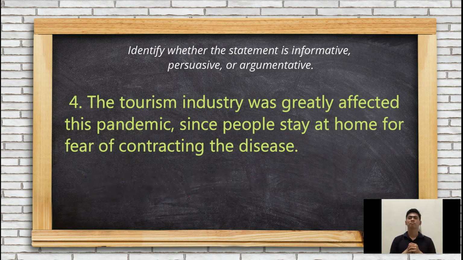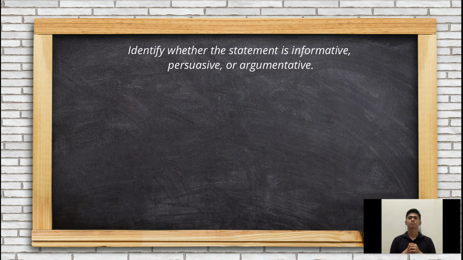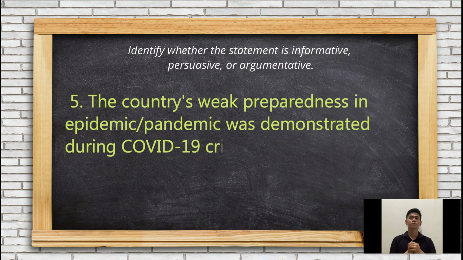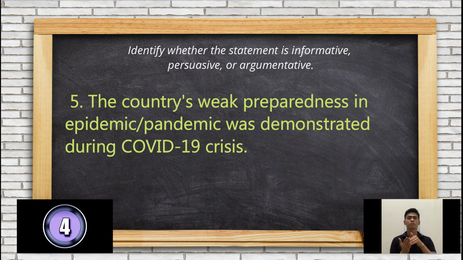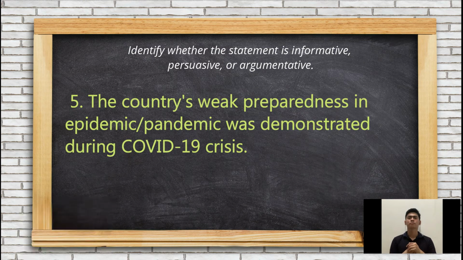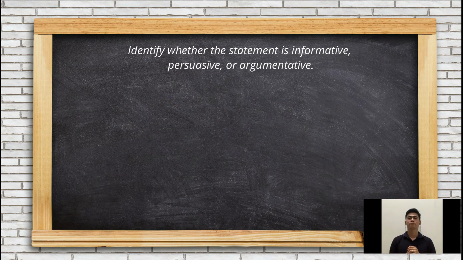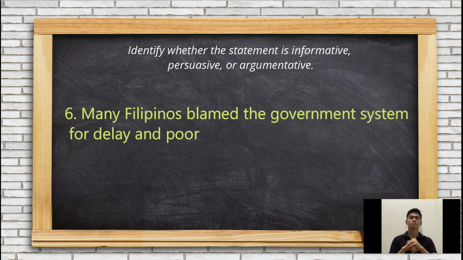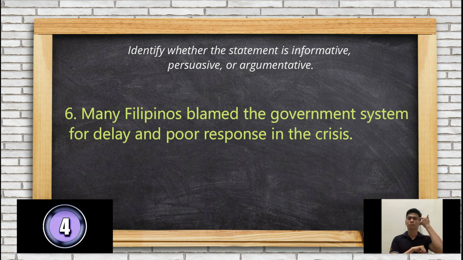Argumentative. Number 5, the country's weak preparedness in pandemic was demonstrated during COVID-19 crisis. Argumentative. Number 6, many Filipinos blamed the government system for delay and poor response in the crisis.